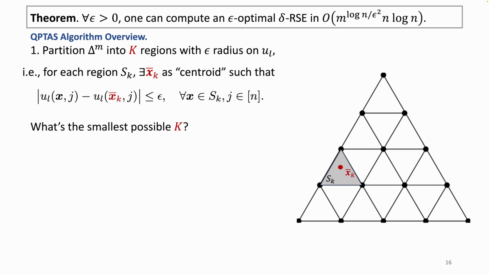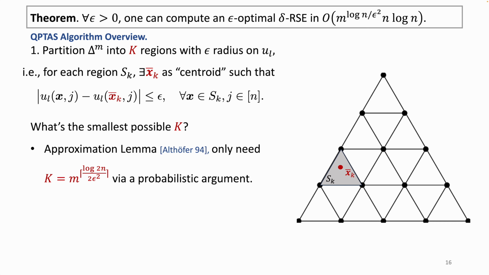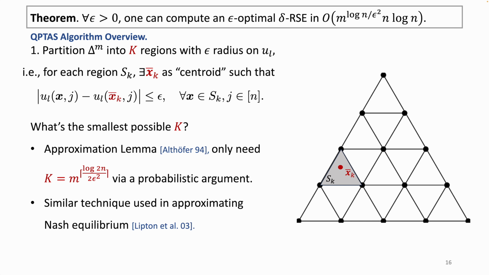So the question is, what is the smallest K here? Due to the approximation lemma by Althöfer 94, we only need K on the scale of m to the log 2n divided by epsilon squared. In fact, a similar technique is also used in approximating Nash equilibrium in Lipton et al. 2003.